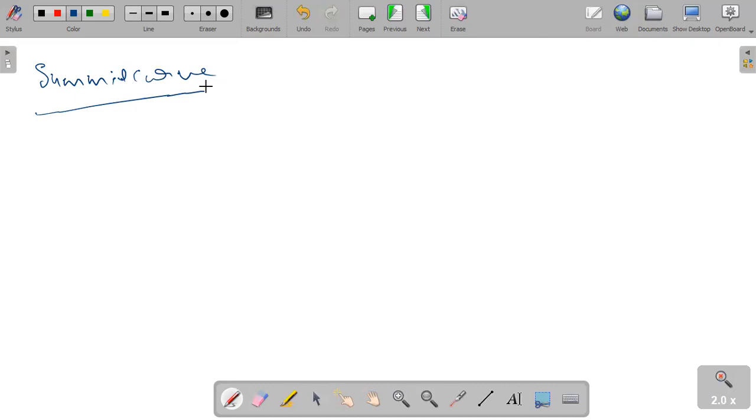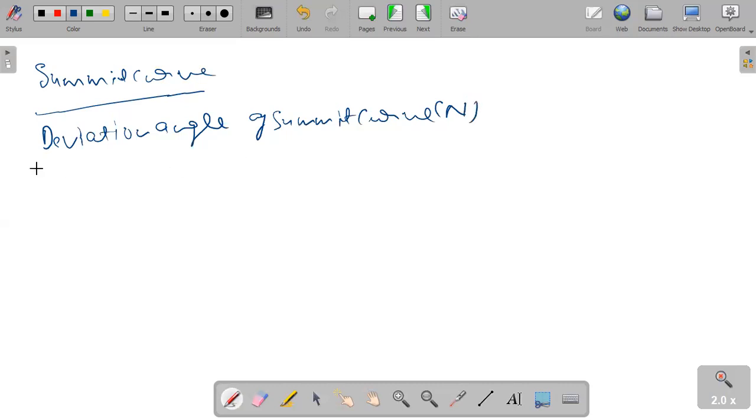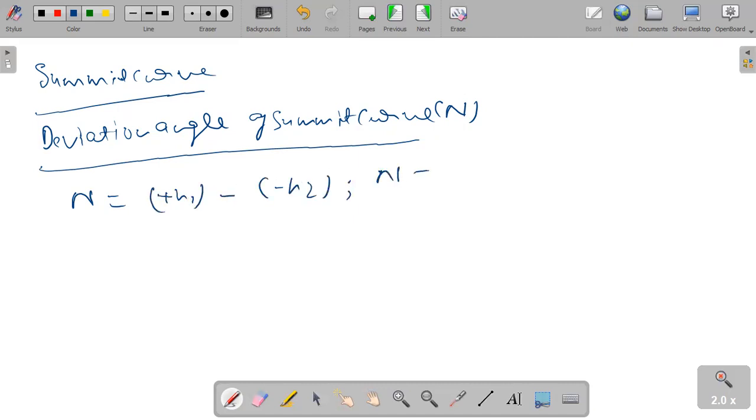The deviation angle of summit curve we'll denote by n. So n is equal to plus n1 minus n2. So basically it will be n1 plus n2.